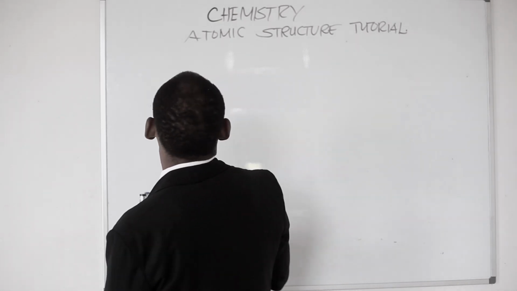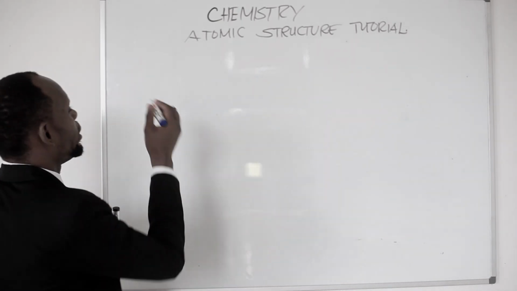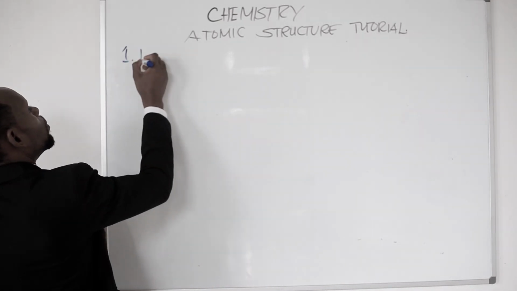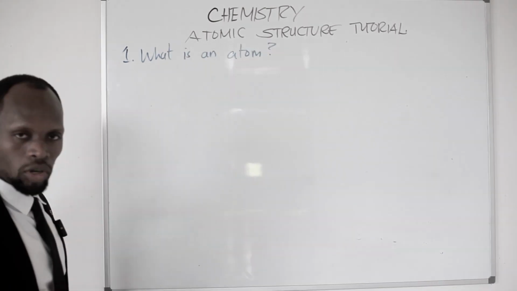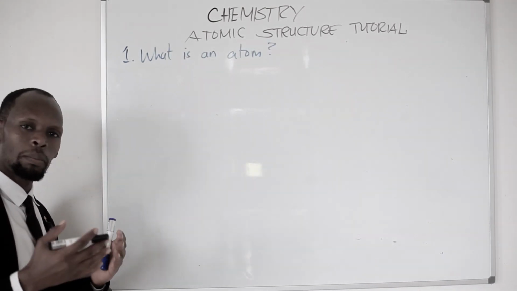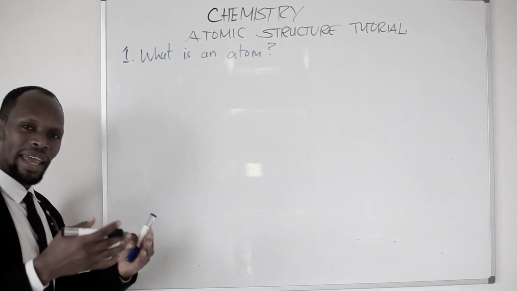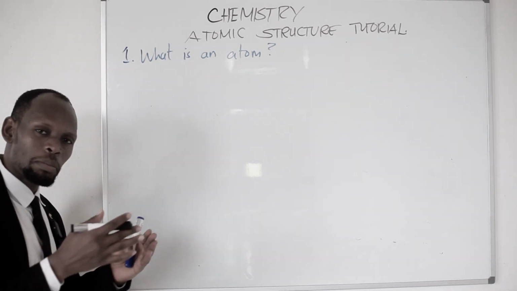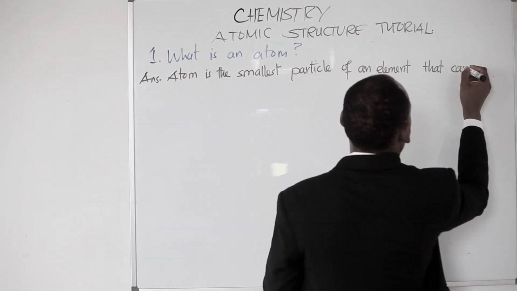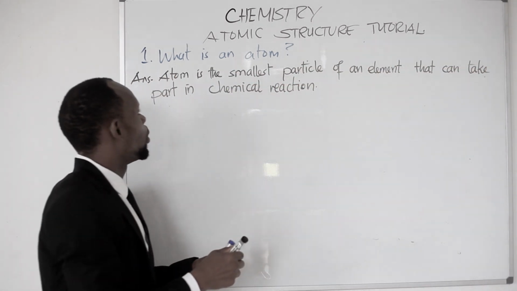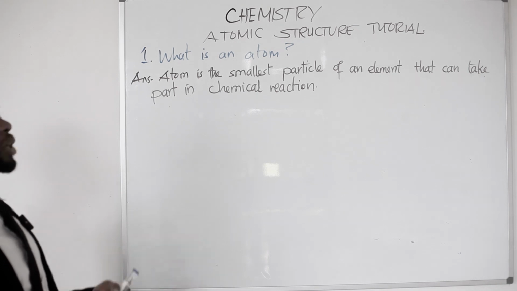Question number 1: What is an atom? An atom is the smallest particle of an element that can take part in a chemical reaction. So you may define an atom in that way.